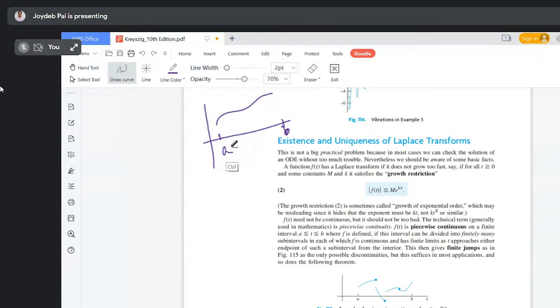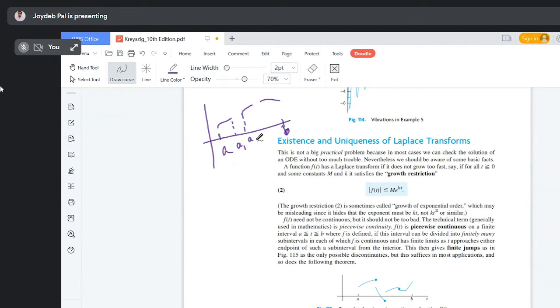But if I draw this type of graph, then is it continuous? No, sir. No, because there are several points of discontinuity. But you can see, we can divide that interval into some sub-intervals where the function is continuous.